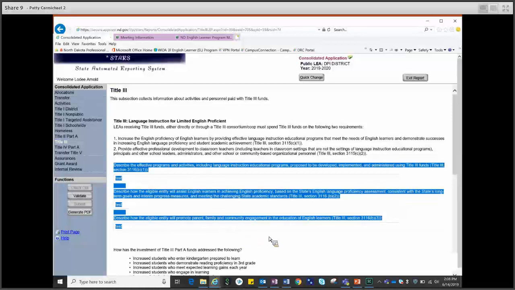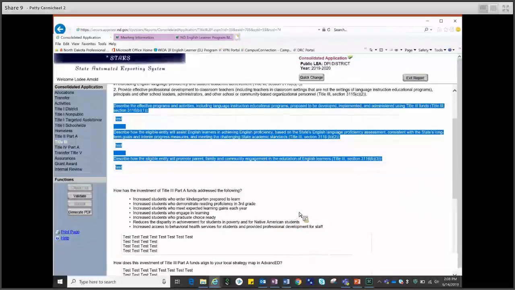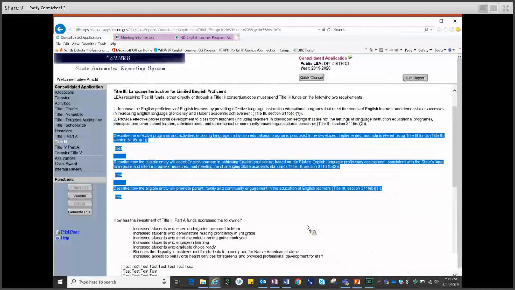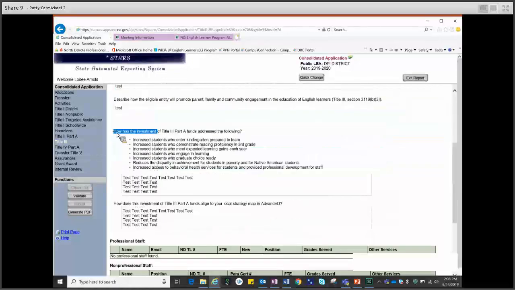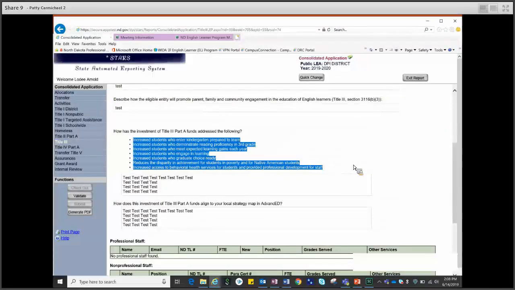So we start with the first three that are specific to Title III, and those come right out of the Title III law. So you'll just type in the text boxes, those descriptions. And then that next one, how are the Title III funds addressing our state initiatives?